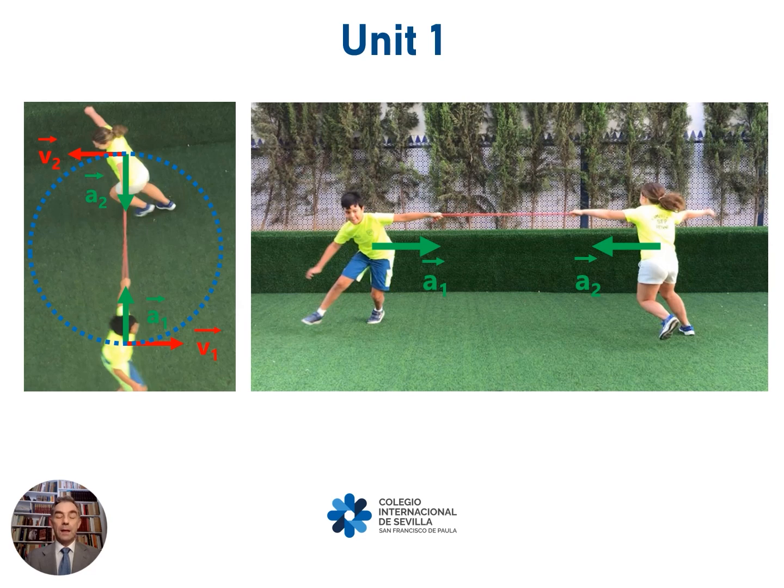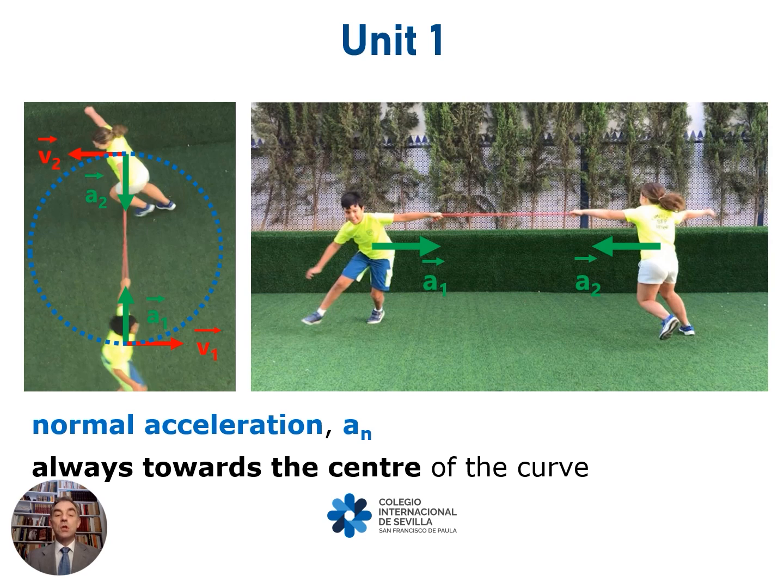In both cases, towards the center of the circumference. In science, one of the meanings of normal is perpendicular, and that is why we call that acceleration normal acceleration, AN. The normal acceleration is always towards the center of the curve that the moving body is tracing.